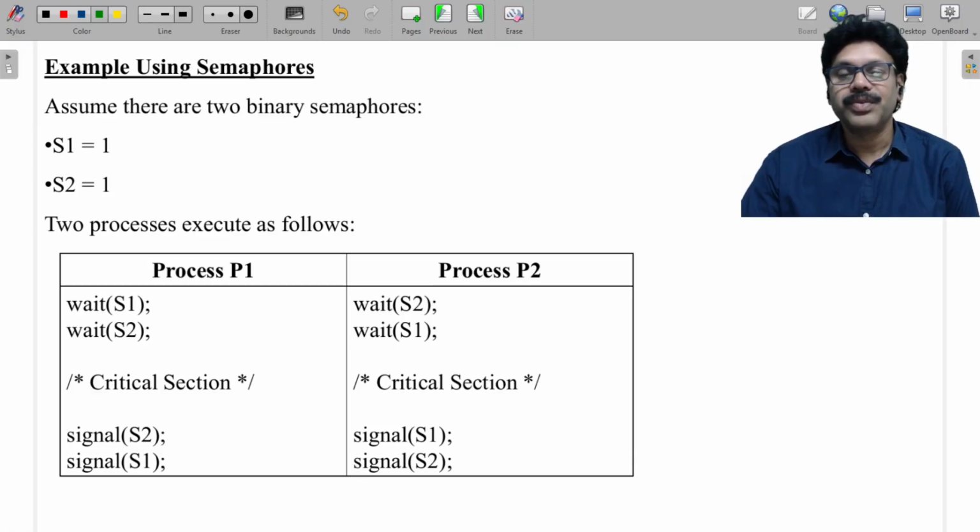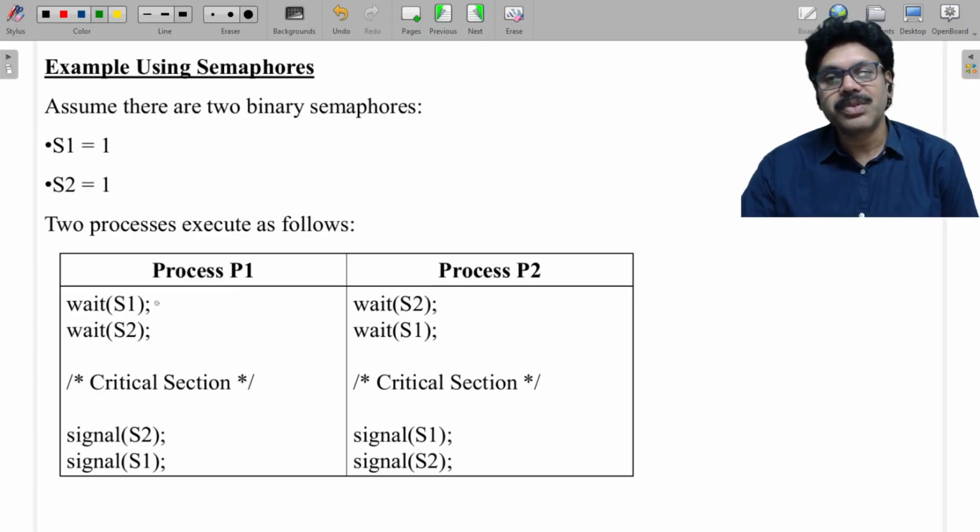But if you observe keenly and in depth, you will see that a dangerous situation among the processes may occur. Let us say P1 uses wait of S1; wait means it is decremented, the wait function decrements the value by 1, so it becomes 0.